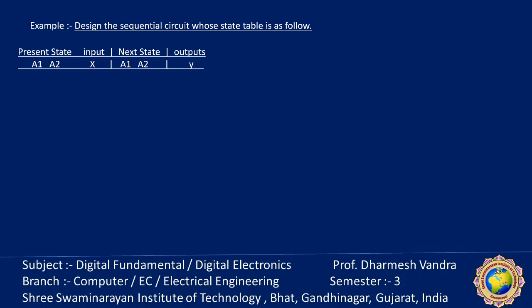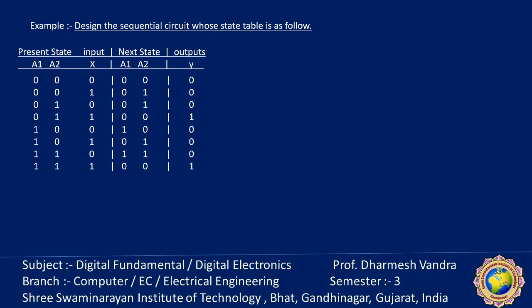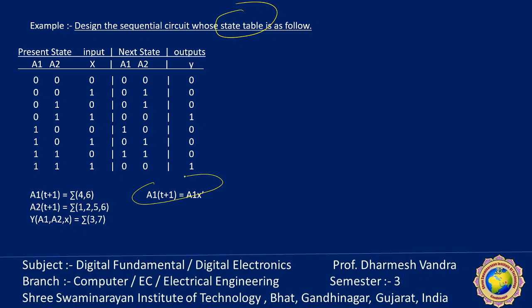Suppose we are asked to design a sequential circuit, and the state table is as per this one. We already discussed the input; the state table is given to us. So what will we do? First we will make the expressions for A1, A2 and Y. The minterms 4 and 6 give A1(t+1), so A1 will become A1 X dash.